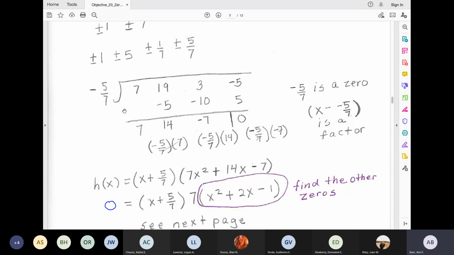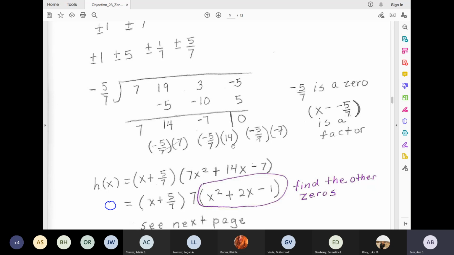We are then going to take this number out here and multiply it by what's at the bottom of the previous column, which is a 7. Those 7s cancel, and we get -5 here. Add straight down, 19 minus 5 is 14. We added, so we next need to multiply. -5/7 times what's at the bottom of the previous column, which is 14.